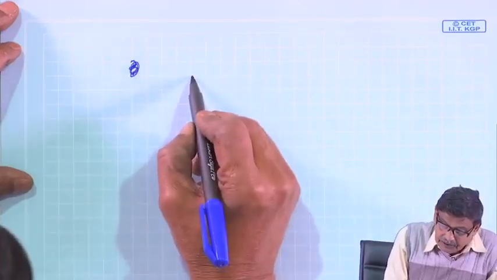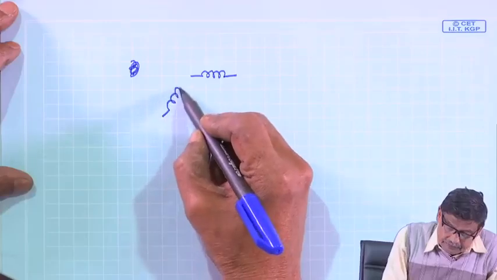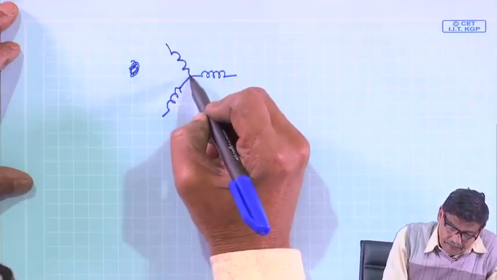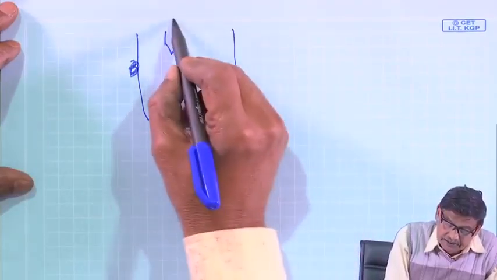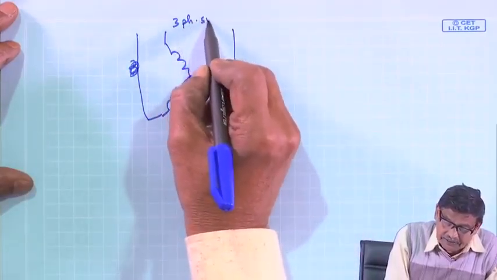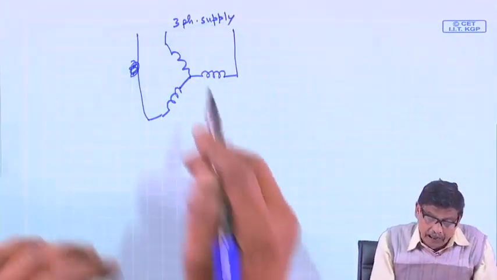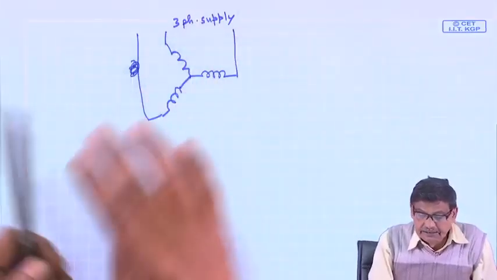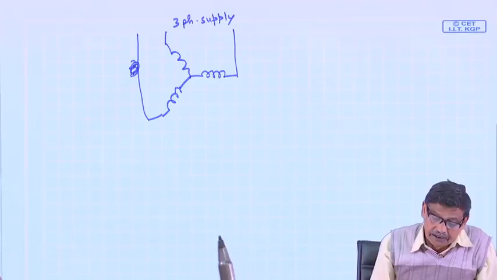Suppose you have a balanced 3-phase coil here, where these terminals are connected to a 3-phase supply, and I will energize these 3 windings of the machine from a balanced 3-phase supply.